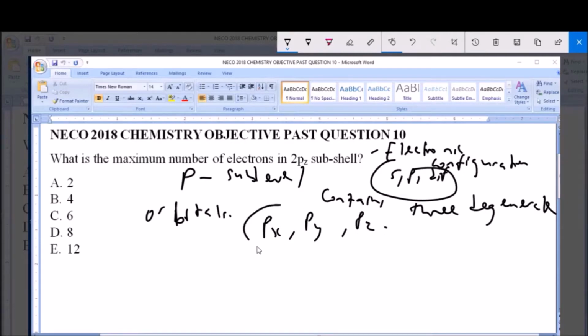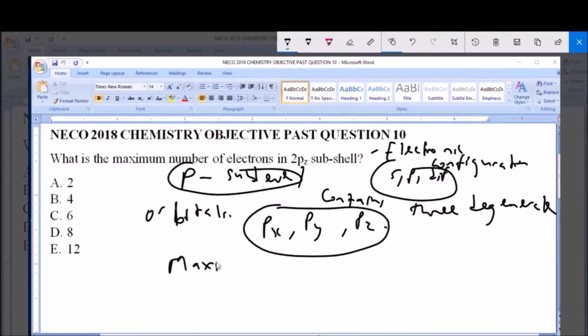These are the three degenerate orbitals under the P sublevel when you are using the SPDF electronic configuration format. Now, each of these degenerate orbitals can hold a maximum of 2 electrons.